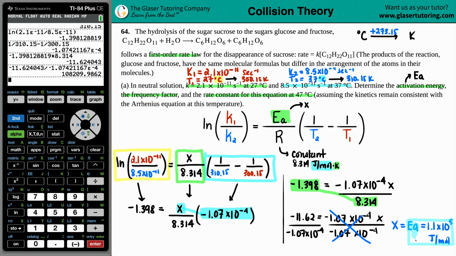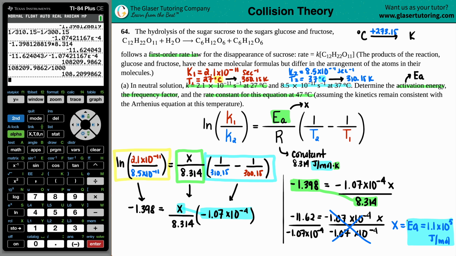So if you wanted kilojoules, which this question, let me just make sure, did this question ask for it specifically in kilojoules? They just said, determine the activation energy. So if you wanted, you could just take this number and divide by 1,000. So you could say either 1.1 times 10 to the 5th, or you could say 110.